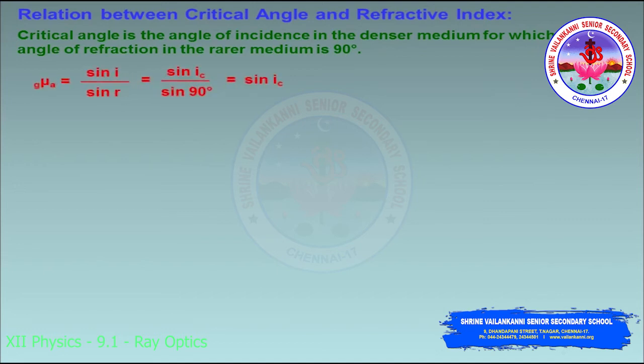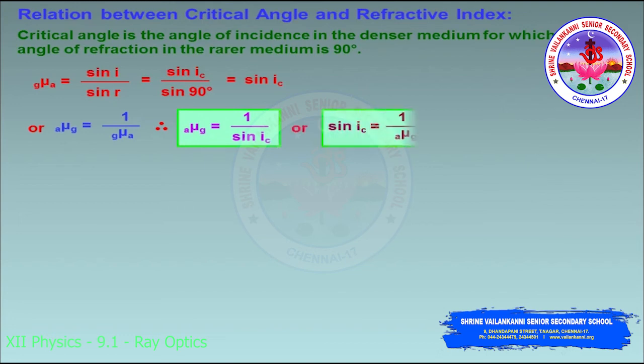Here, mu g to a, from the denser medium to the rarer medium, equals sin i by sin r, which is sin IC by sin 90 degrees, which equals sin IC. Or we can write mu a to g equals 1 by mu g to a. Therefore mu a to g equals 1 by sin IC, so sin IC equals 1 by mu a to g.